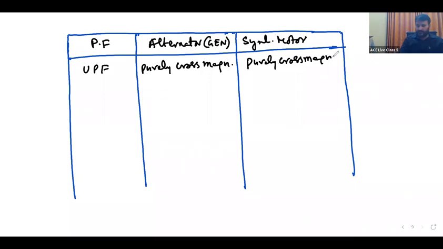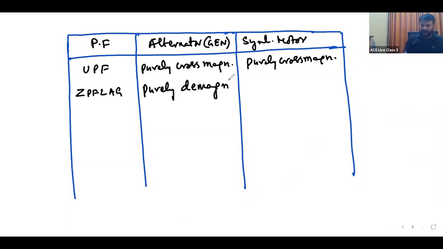And ZPF lagging. For ZPF lagging, it is purely demagnetization for the generator, but here for synchronous motor it is purely magnetization.